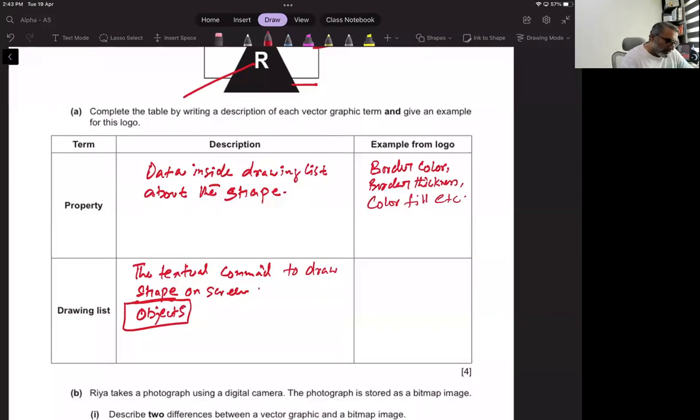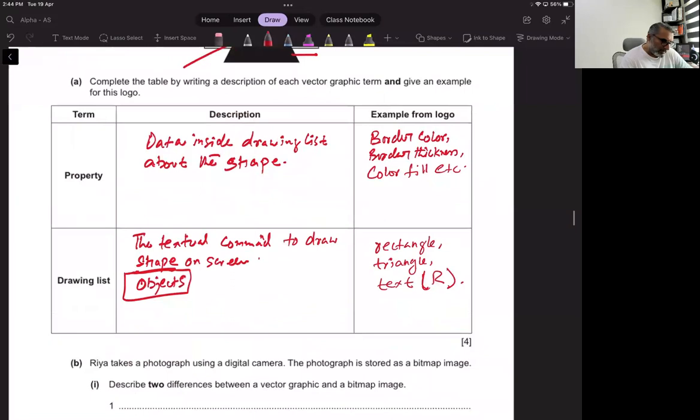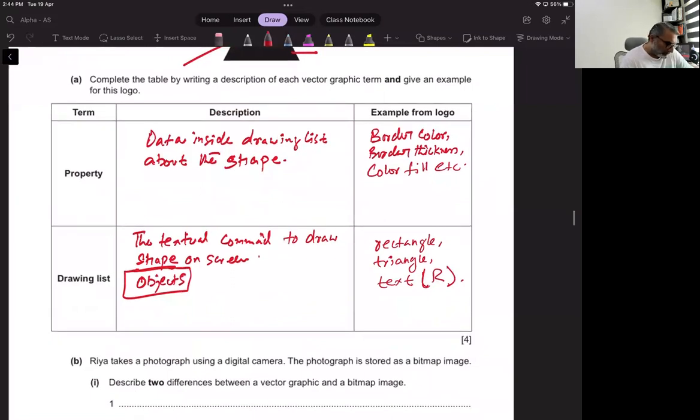Okay. So what three shapes do we have? We have rectangle, we have triangle, we have text. Okay. Text as in R, capital letter R. So this is what we have to tell them.